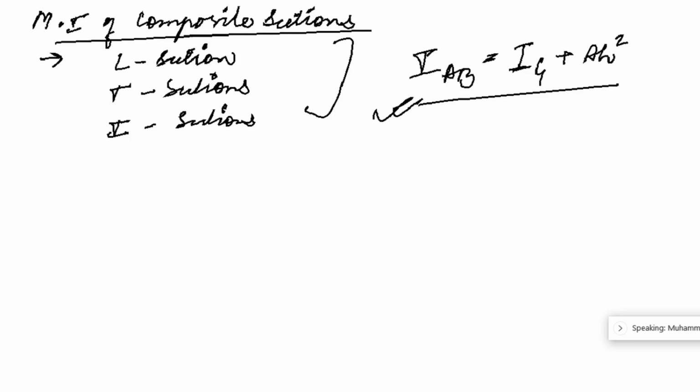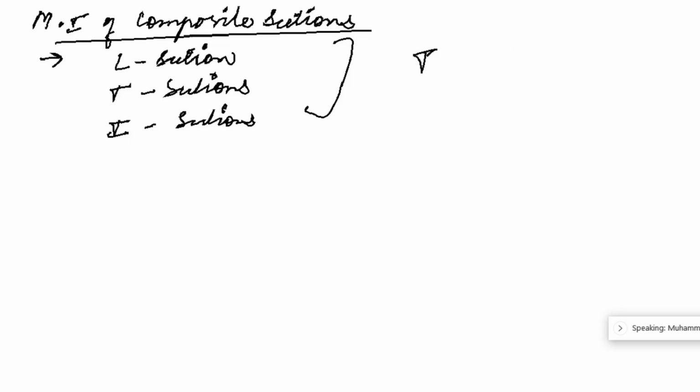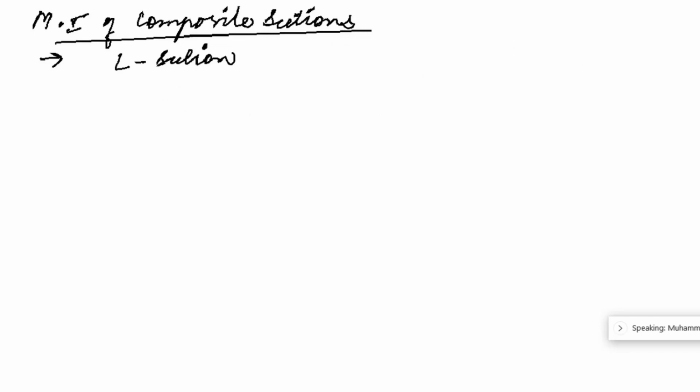Let's start with an example of a T section. Let's say we have this T section.